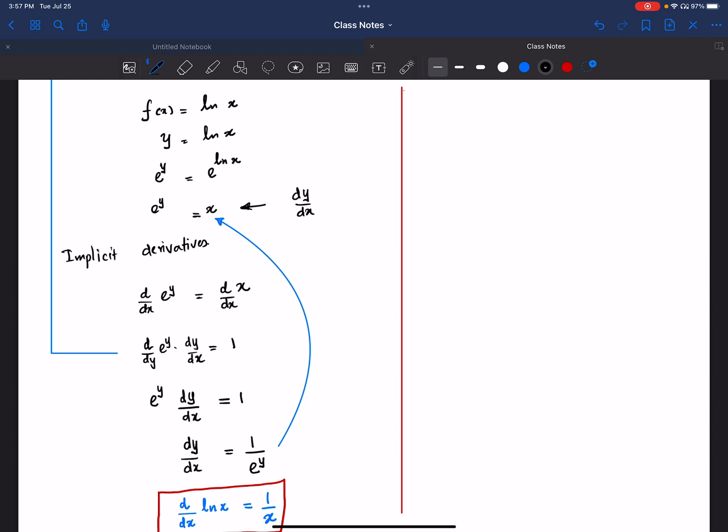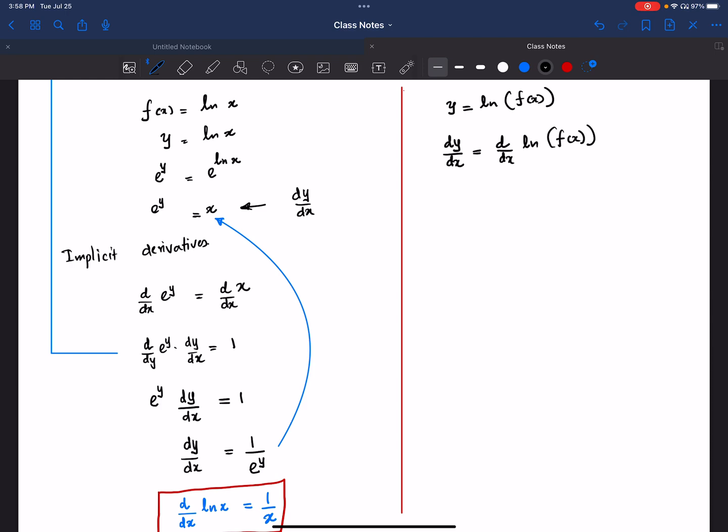Whenever you are given a function y equals natural log of f of x, by using the same principle that we learned earlier, dy over dx equals d over dx of natural log of f of x.